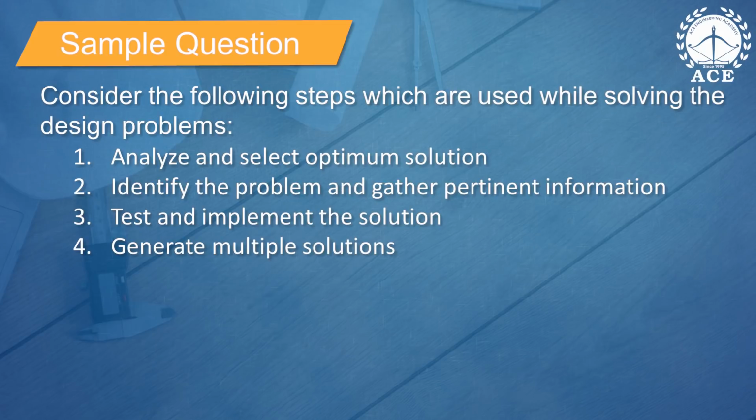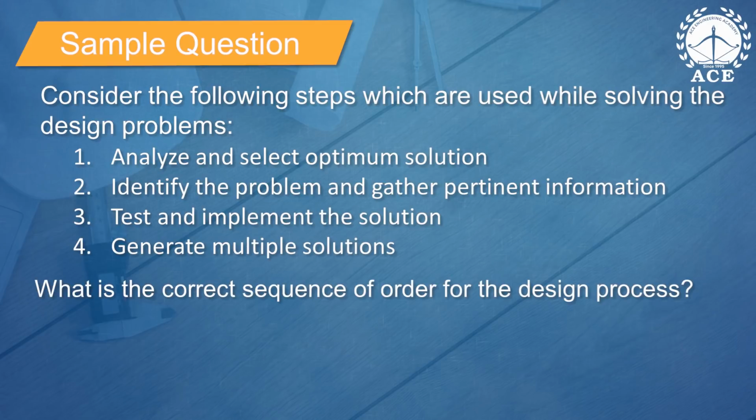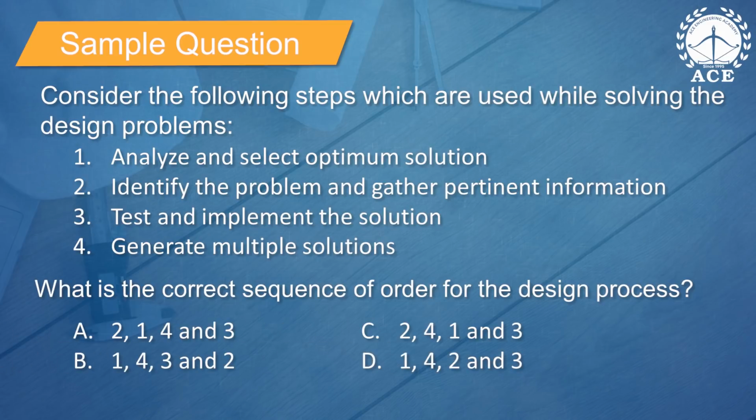Statement 3: Test and implement the solution. Statement 4: Generate multiple solutions. What is the correct sequence or order of the design process? The options given are: Option A, 2, 1, 4, 3. Option B, 1, 4, 3 and 2. Option C, 2, 4, 1 and 3. Option D, 1, 4, 2 and 3.